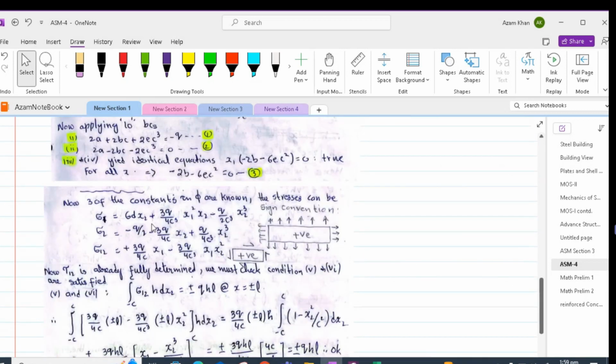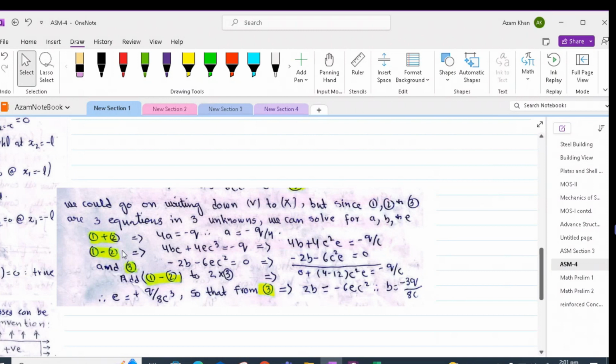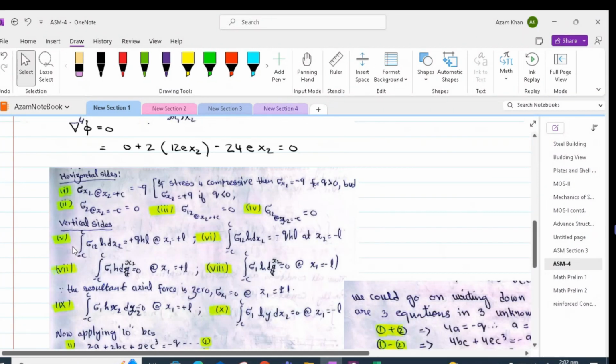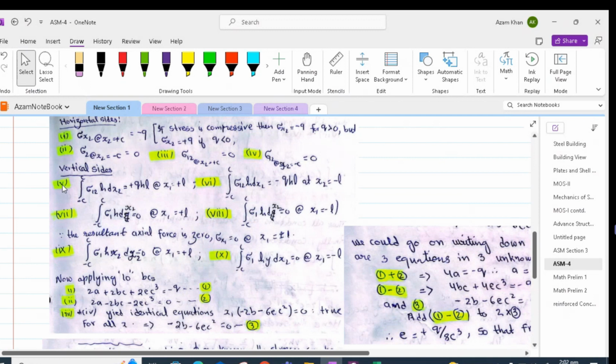From these three equations, we can use algebra to find our constant E equal to Q by 8C cube, B equal to minus 3Q by 8C, and A equal to minus Q by 4. We could have done the same exercise with equation 5 till 10 and found the unknown constants and then verified the equations 1 till 4.